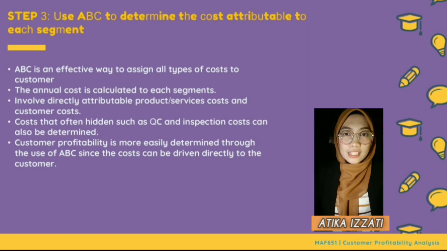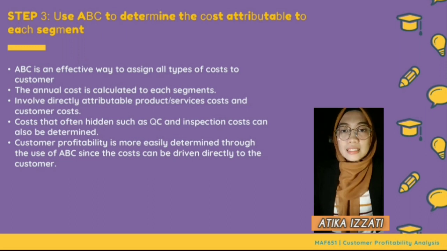So step 3, use ABC to determine the cost attributable to each segment. In this step, the annual cost is calculated per segment. This will involve both directly attributable product or service costs and also customer costs, including allocations of overheads, marketing, sales, and distribution costs.